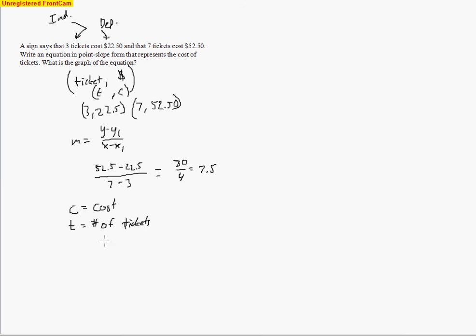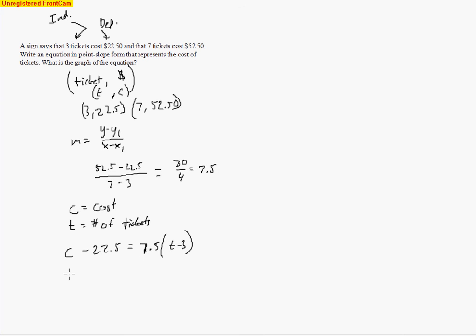And so we go ahead and set up the formula this way: C minus 22.50, so I'm just taking one of the points here, I'm taking this one right here, equals M, which is 7.5, so let me go ahead and substitute that in there now. 7.5 multiplied by the T minus 3.